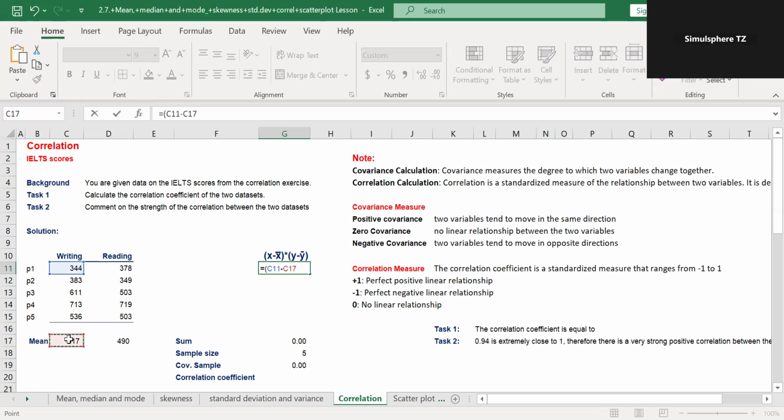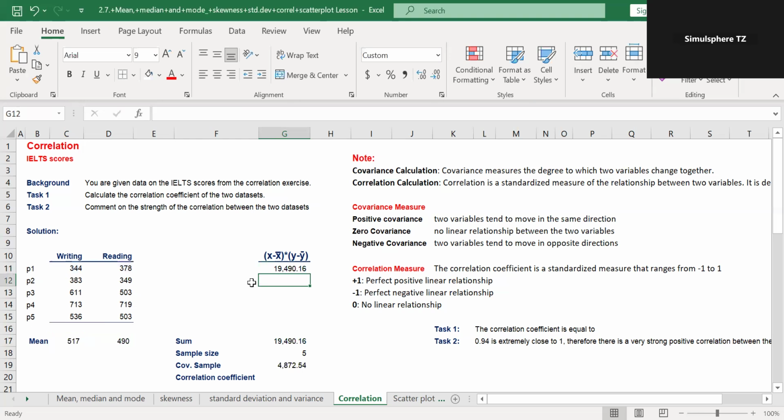We already know how to find the mean, so I believe we'll do that when given this. Multiplied by, open bracket, reading minus the mean for reading. Close the bracket and enter. And I have a value. So I'll quickly do that for every one of the persons we have here.